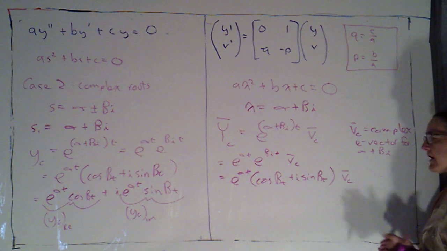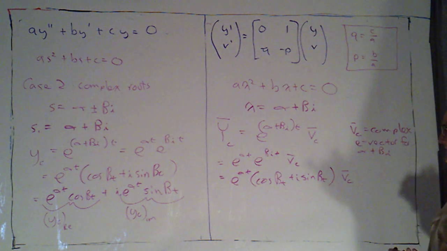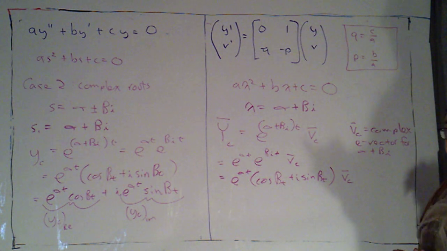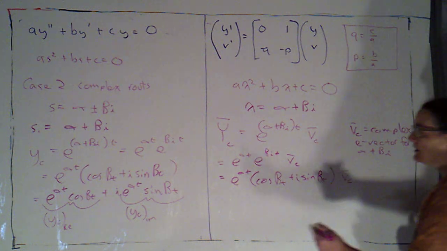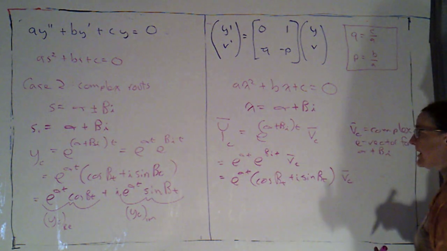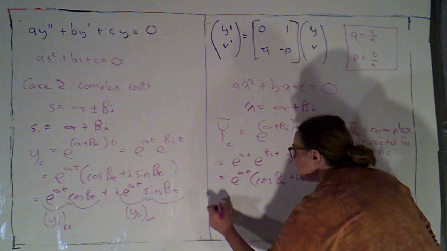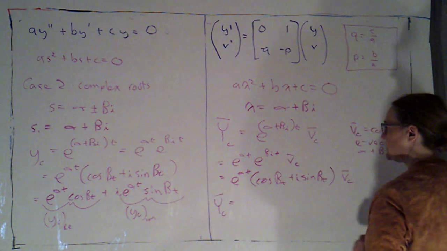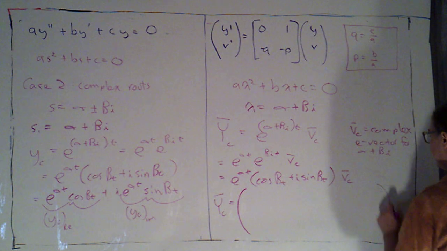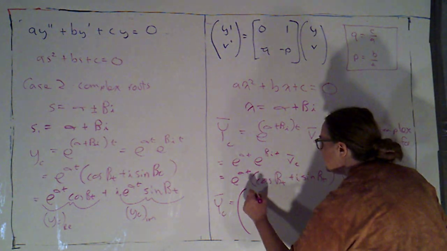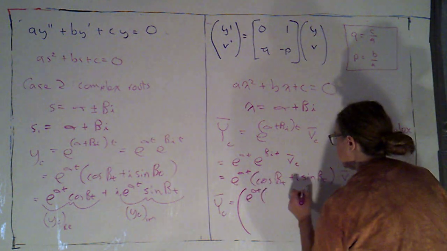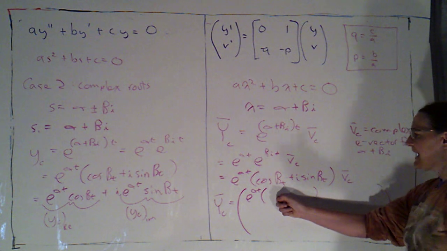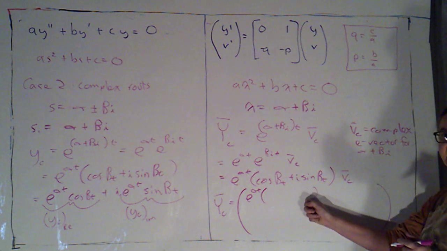But if I were to do that, I can see that what I'm going to get in my vector valued solution is that y sub c is going to consist of e to the alpha t times some sines and some cosines of beta t.